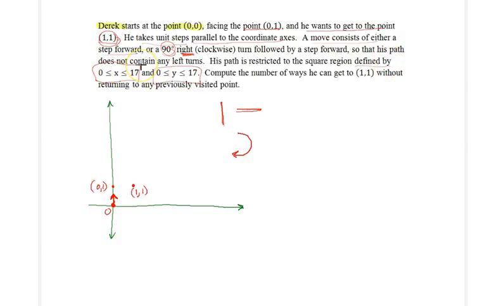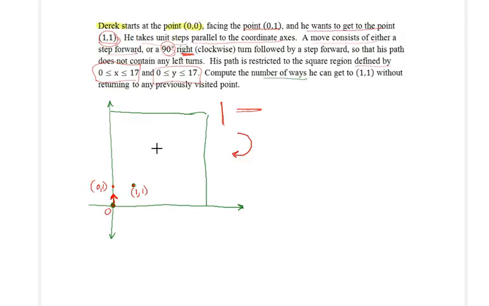That sets the boundary of Derek's possible paths. So we need to compute the number of ways that he can get from the point (0, 0) to the final point (1, 1) without returning to any previously visited point, meaning that his path cannot intersect itself.